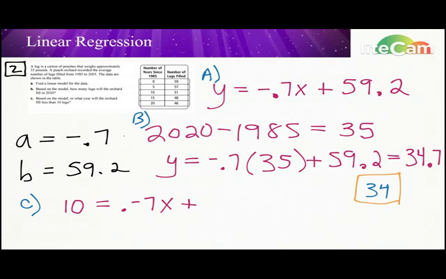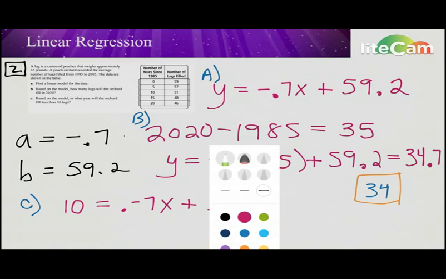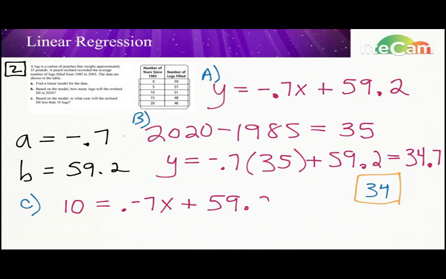So are you noticing that on these types of equations, it's going to happen throughout Algebra 2, they're going to ask you for one or the other. They're going to ask you to plug in a number for one of your variables and then ask you to solve for another variable. Okay, so if I go and solve this, I'm going to subtract 59.2 on both sides.